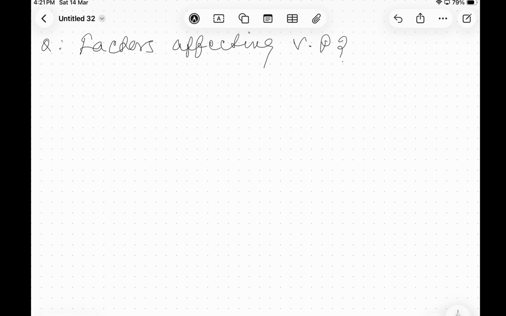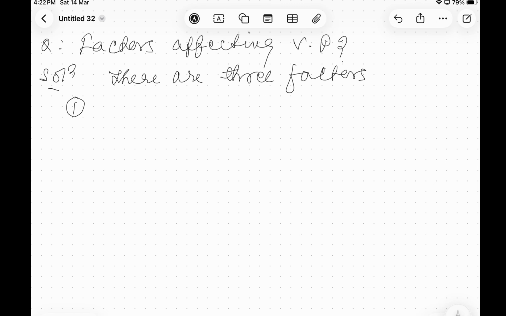There are three factors which affect the vapor pressure.